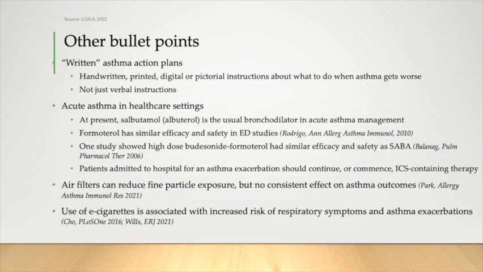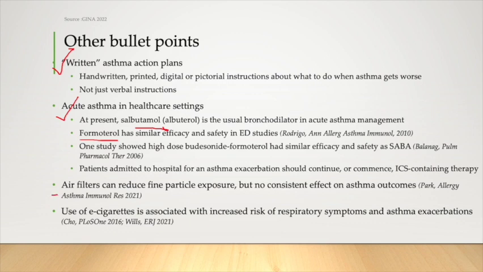Other important points are that a written asthma action plan should be given, a customized asthma action plan, not just verbally telling the patient. In an acute setting, though salbutamol is usually used for immediate nebulization, formoterol has similar efficacy. It can be used in the emergency department, and budesonide formoterol combination can have as good efficacy and safety as a SABA.